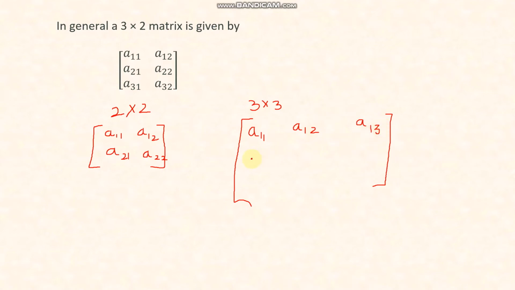Now, when I have to write the second row, I'll write a21. The first subscript will be 2 because it's the second row.